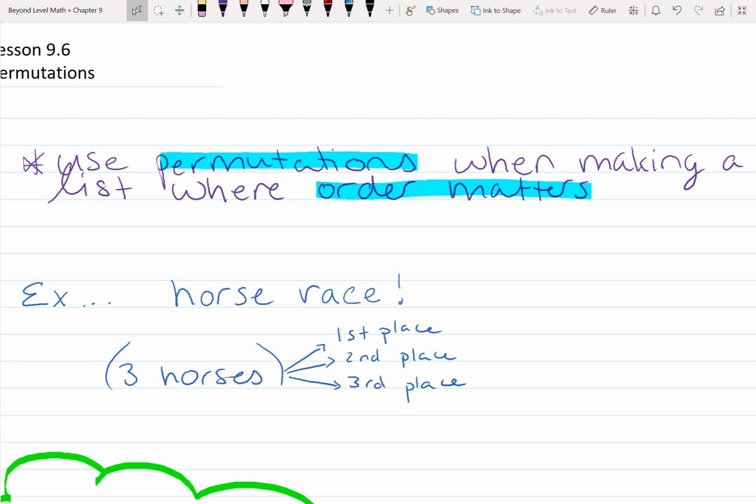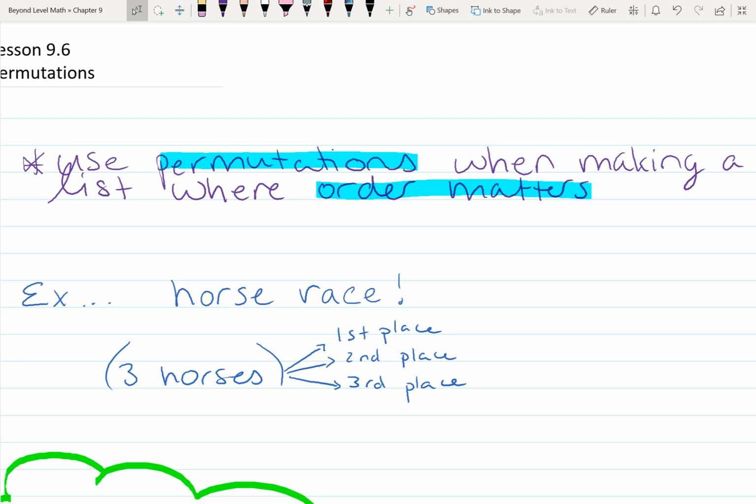So permutations, think like a horse race. If you're talking about 3 horses, the order matters for them to win, right? If a horse wins first place, that same horse can't win second place. So there are 3 horses that could win first place. But really there are only 2 horses that could win second place, because the first place horse would have already won.